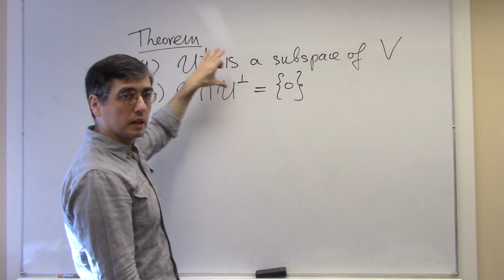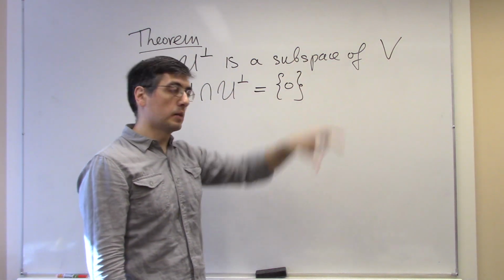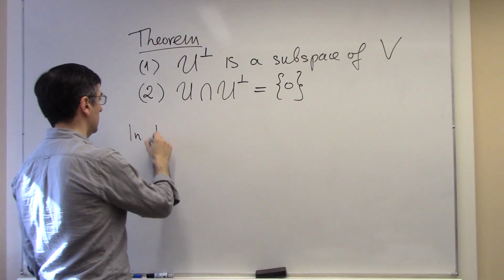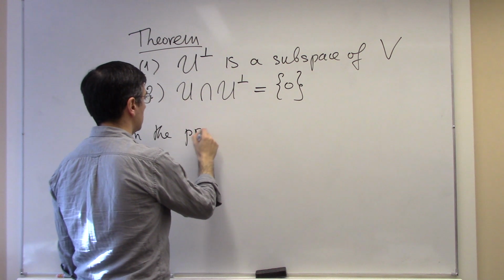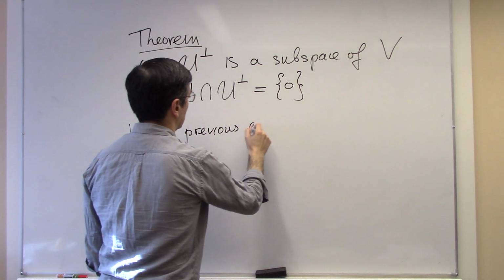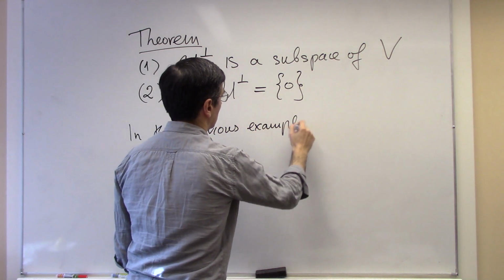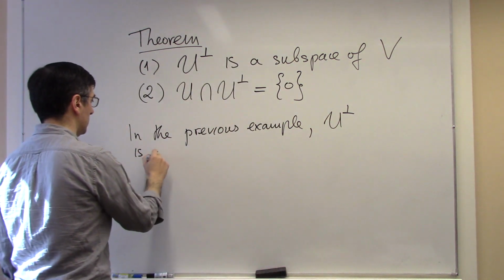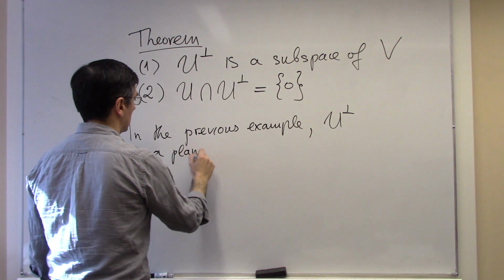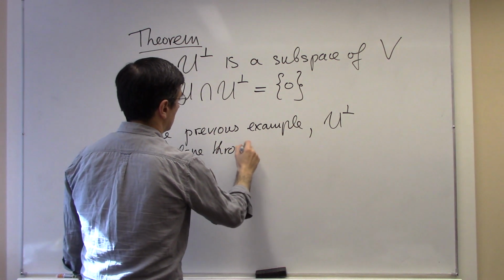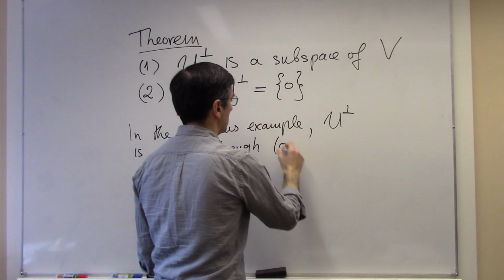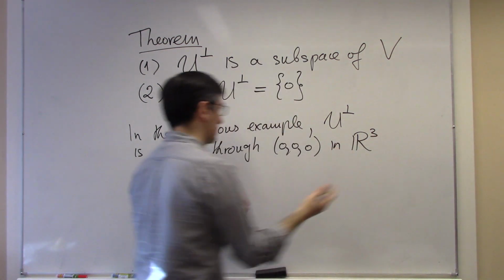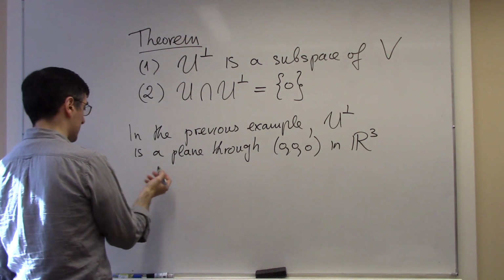We have already seen this on the given example, because in the previous example, the orthogonal complement is a plane through 0, 0, 0 in R3, so it's a subspace.